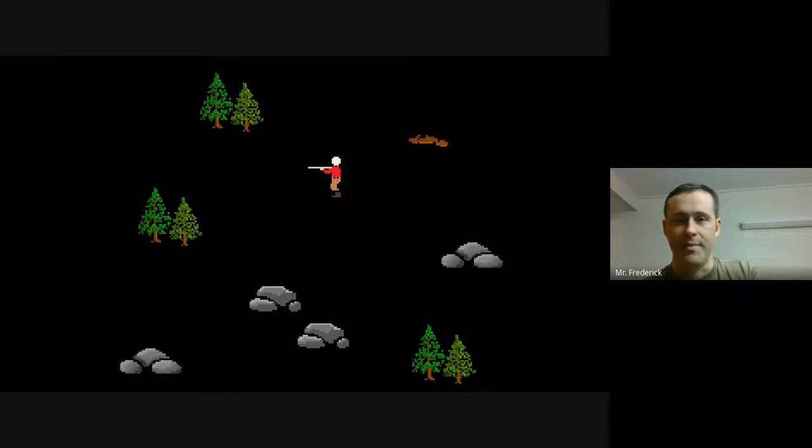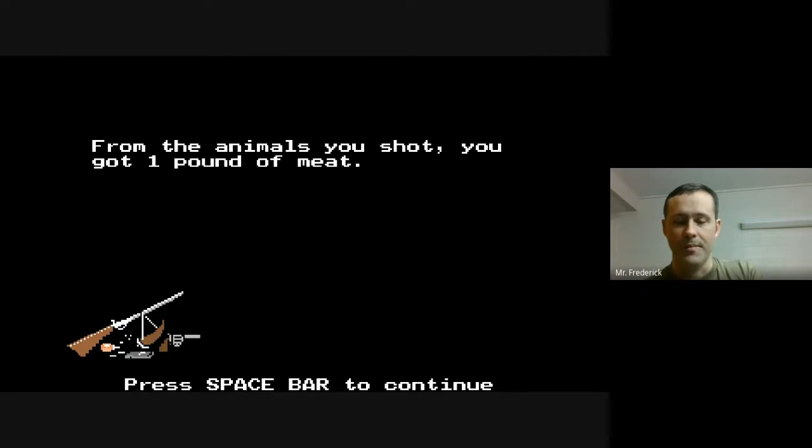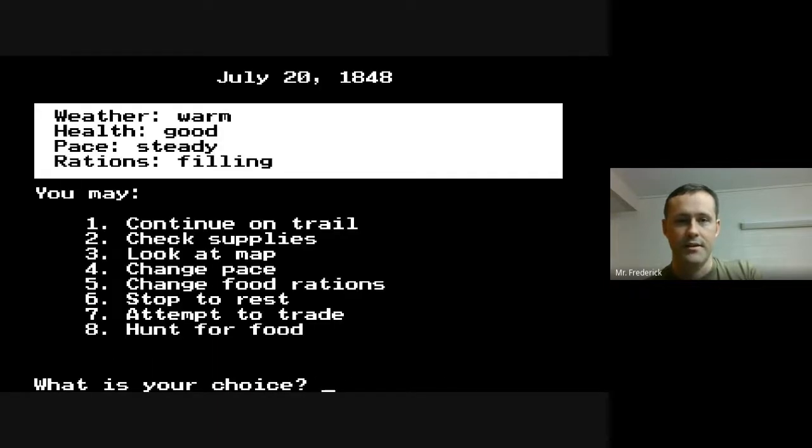Okay, it might be time to start panicking a little bit. I've let my food get pretty low. And now that we're in the mountains, there's going to be less game. 1 pound of meat. Great. We're going to hunt for food one more time.